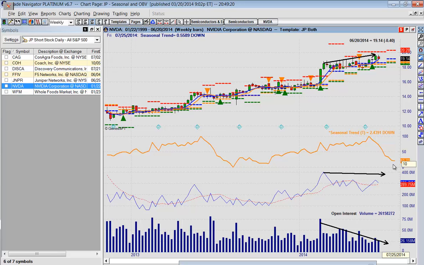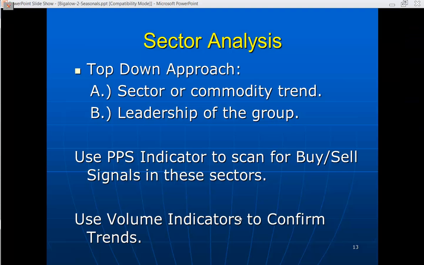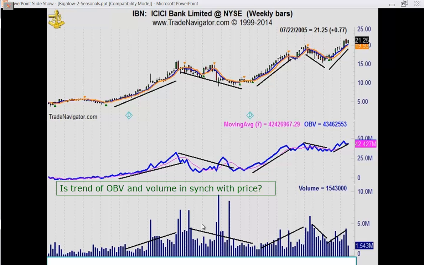But I'll use the information as confirmation that the grouping is starting to see a weakening or topping process, more or less. So with that said, those are the ways we can really incorporate different tools and use volume indicators to help confirm those trends.